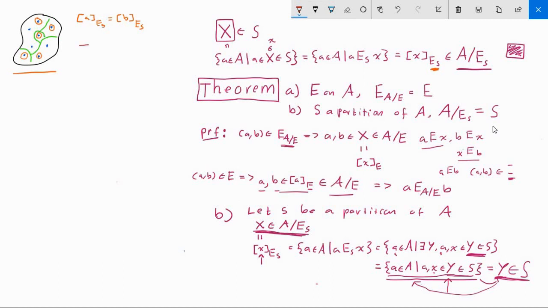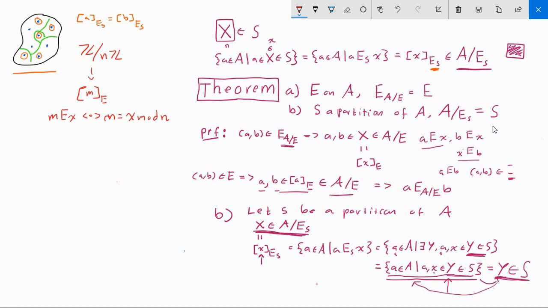As a quote-unquote real-world example, let's consider the integers modulo n. Now, really, the elements of this thing are equivalence classes. That is, it's an equivalence class of integers m under a relation E, where m is related to x if and only if m is congruent to x modulo n.